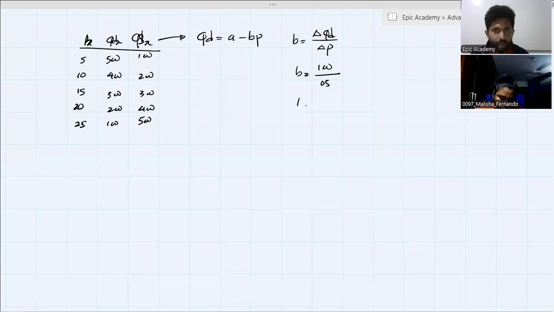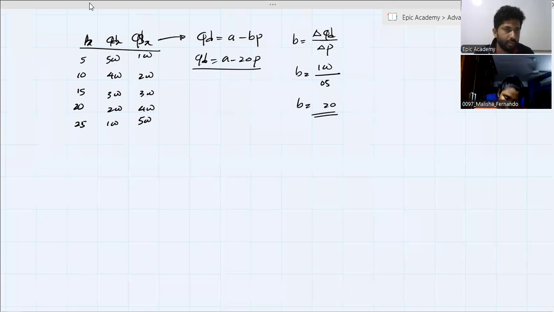Then 20 is the value for B. And then we know that QD equals A minus 20P. This is the equation.